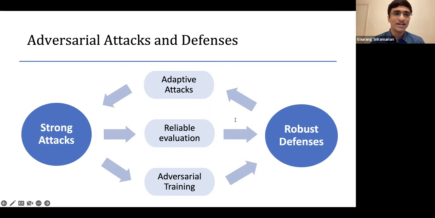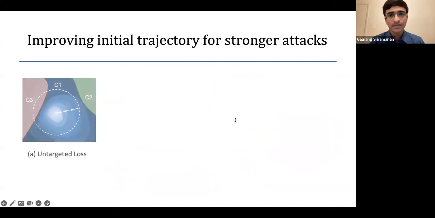For example, several defense-specific adaptive attacks can potentially generalize to other defenses as well, and this has been observed in the field. Therefore, the development of defenses and strong attacks are very closely coupled with each other today. And in this first work, we'll first introduce a novel attack called GAMA, which achieves state-of-the-art results for defense evaluation, and further present a single-step defense, GAT, which uses this attack for adversarial training.